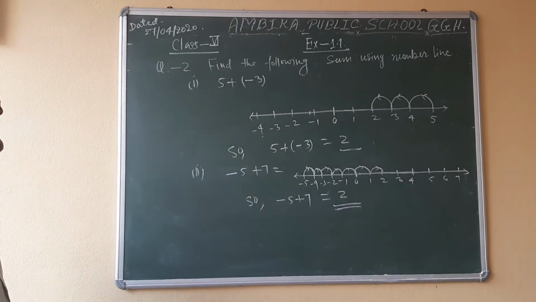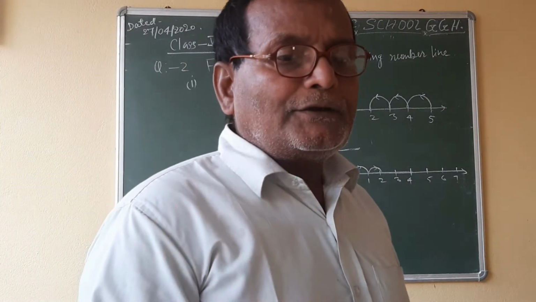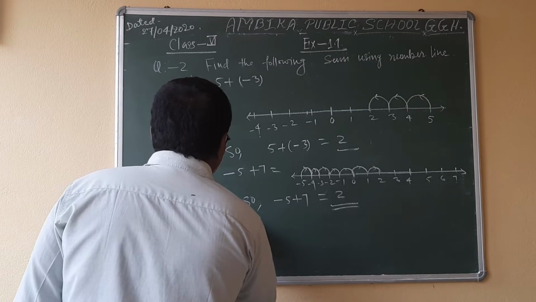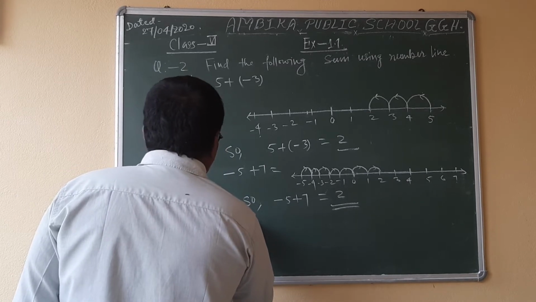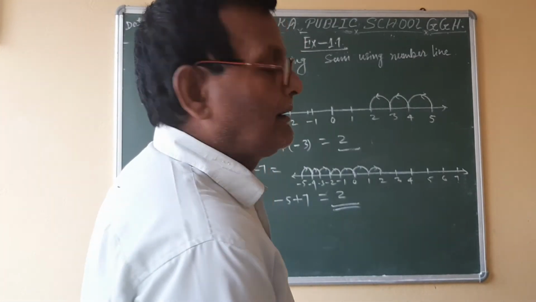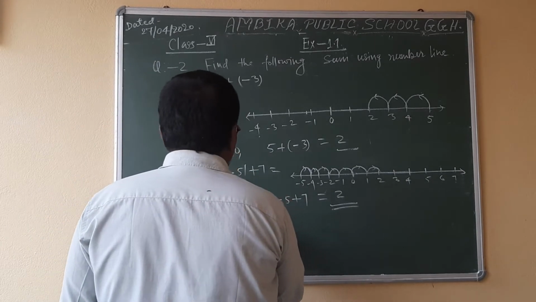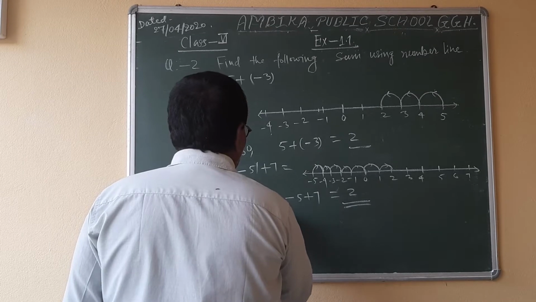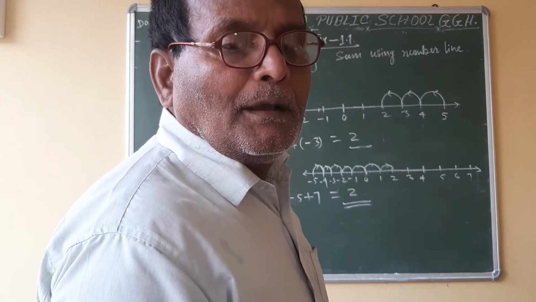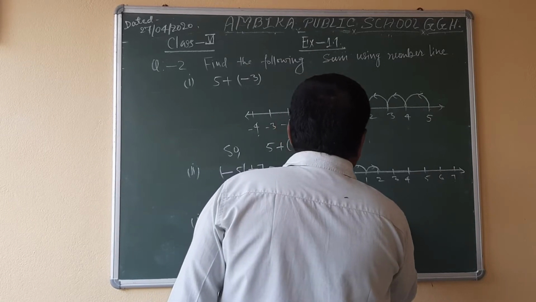Similarly, you can find the sum of minus 2 plus minus 5, question 3, and minus 5 plus 9.